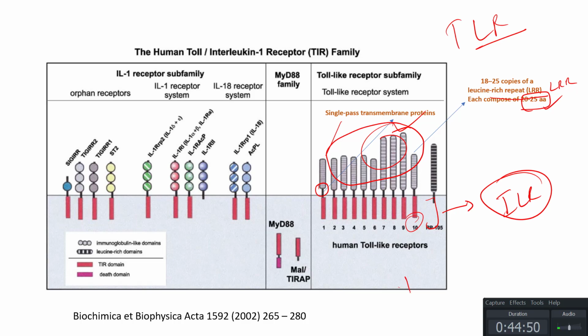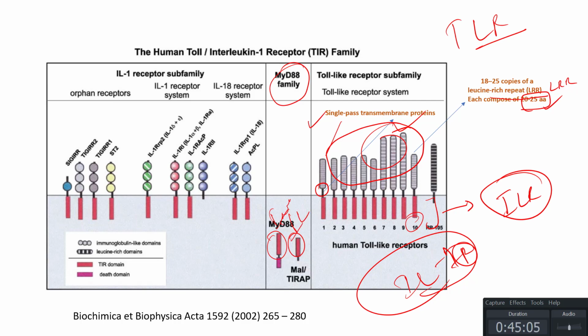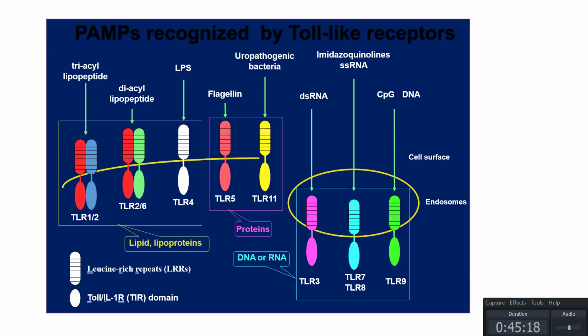So finally the IL-1 pathway gets activated whenever the TLRs are activated. This includes the MyD88 family, which are intracellular and also have the IL-1 receptor domain. This is one such way the IL-1 receptor subfamily has the TIR activation domain.